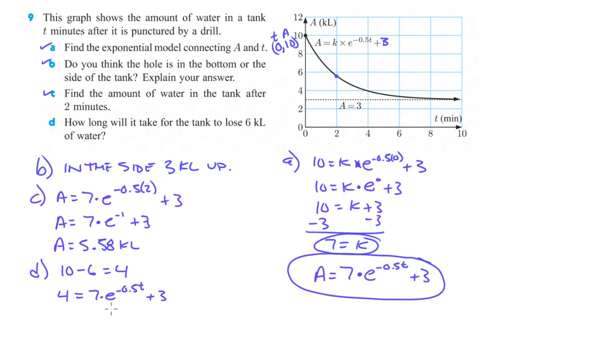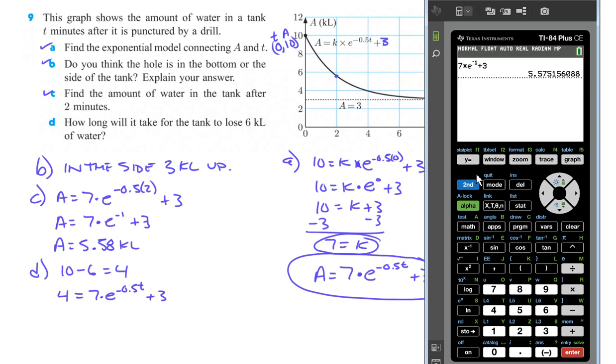So probably the easiest way to do this is we can just plug these two equations into our graphing calculator. Now, if you wanted to, you could make these equations a little easier. Like I could subtract 3 from both sides and put 1 equals 7 times e to the negative 0.5 t. That would be fine. I'm just going to leave it like this just because that's what we have, but you certainly can simplify it if you want.